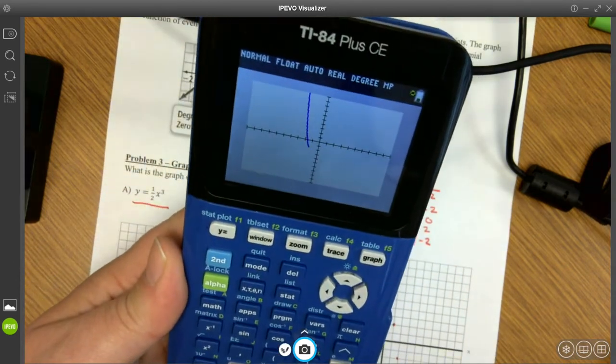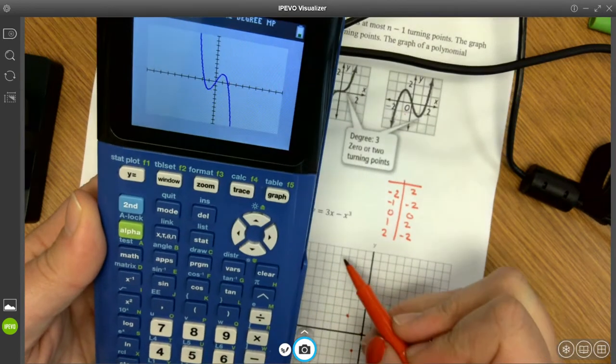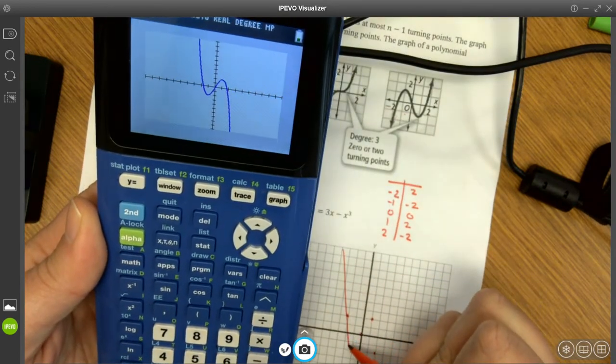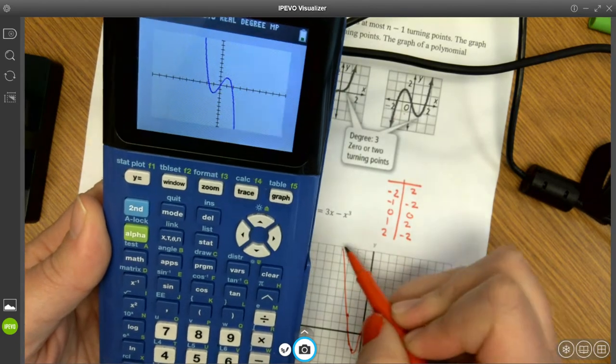Well, if you push the graph button, it will kind of show you what it should look like. So it should have, and then it goes up, it turns around, and goes down again.